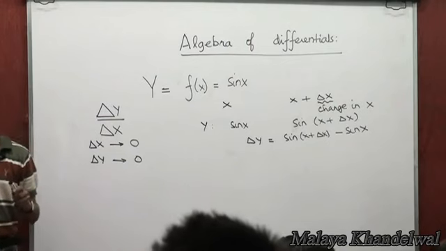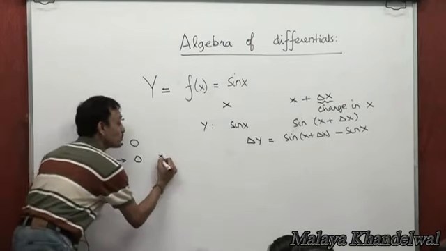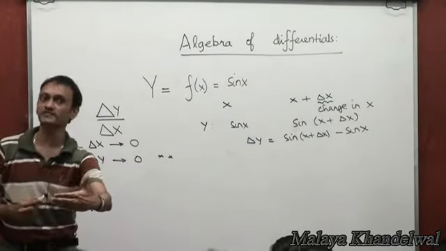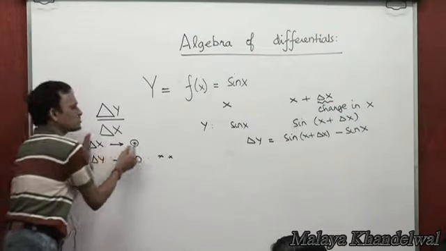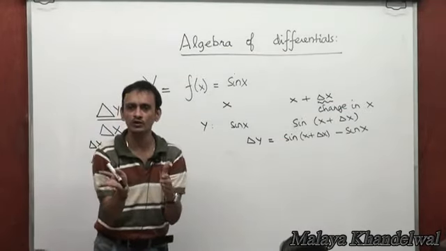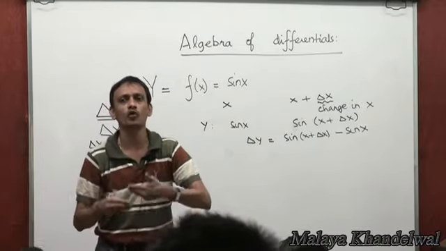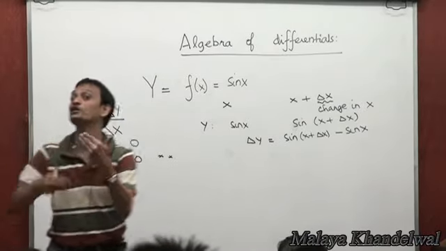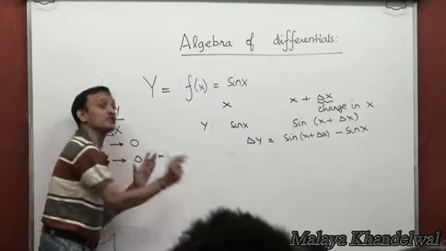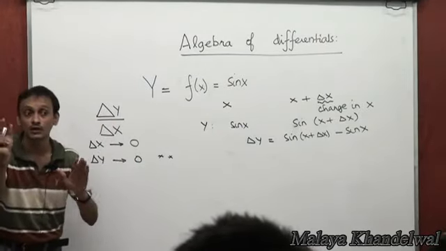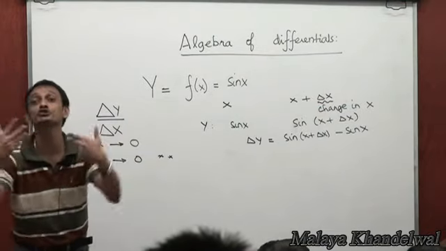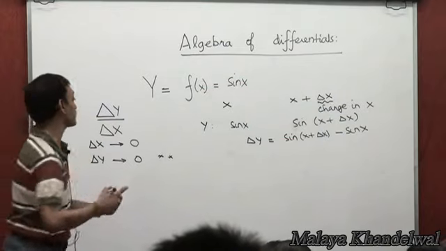Now, this is a property of a function. This may not always happen, but for the functions that we would be dealing with, as change in x becomes smaller and smaller, change in y will also become smaller and smaller. Such functions are called continuous functions.